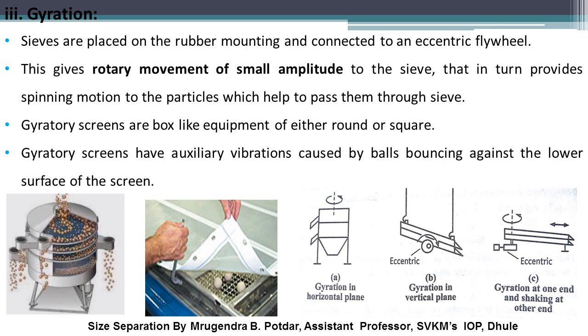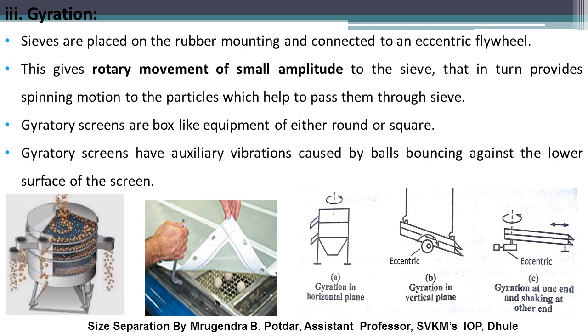This gives a rotatory movement of small amplitude to the sieves, which in turn provides a spinning motion to the particles, helping them cross through the sieves. So due to the rotatory movement of the sieves, spinning motion takes place, and due to that spinning motion, the exact size separation will take place.